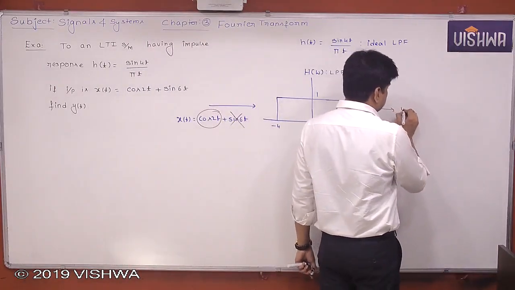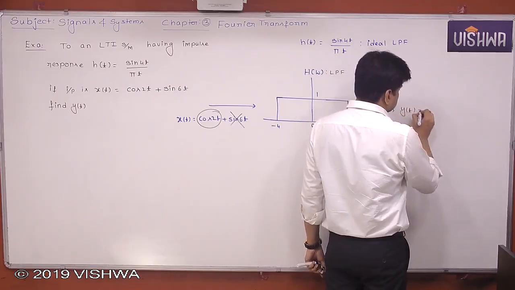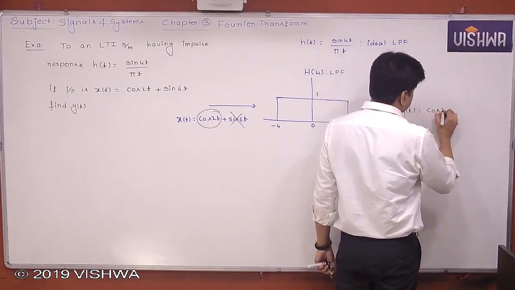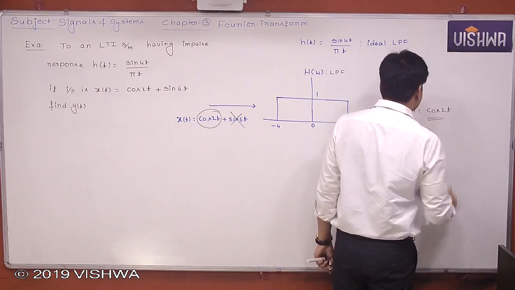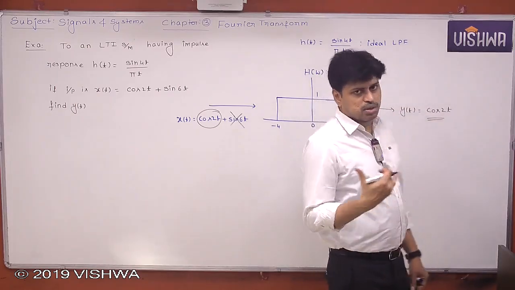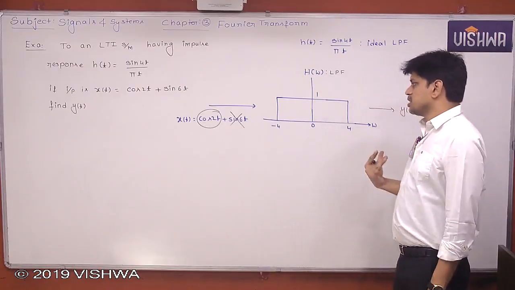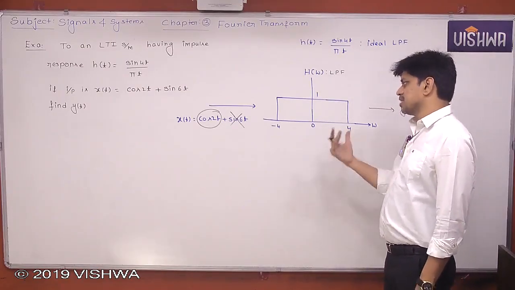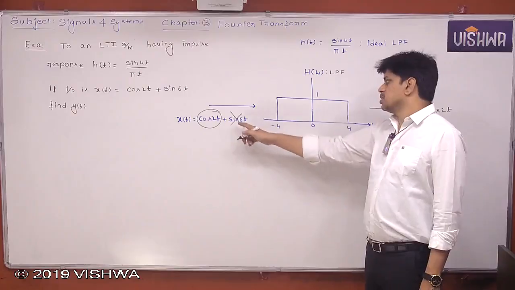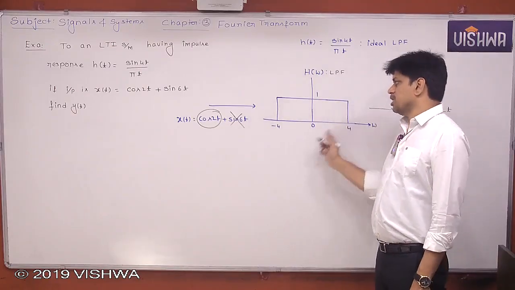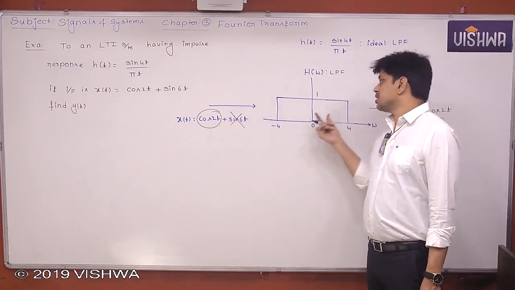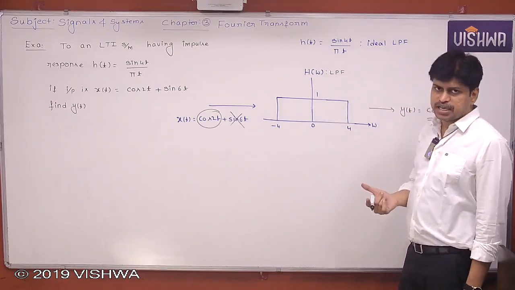We get the output cos 2t. Simply think like a low pass filter: if I pass any signal through it, which frequencies come out, and which are attenuated? Sin 6t is out of the pass band, cos 2t is within the pass band. Clear? Take it.